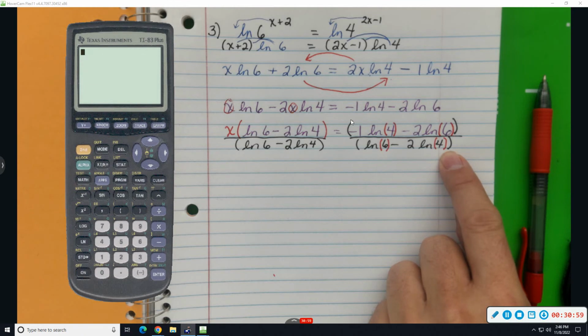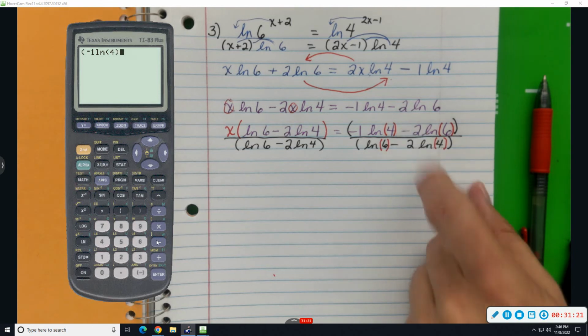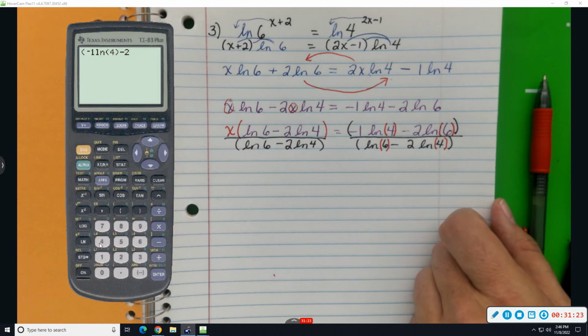So let me, because I'm punching all of that. Parentheses. That's a -1. So I put here, this is the negative key. That's the subtraction key. So -1 ln 4. The parenthesis I'm just now about to close is this one right here. Then a -2 ln 6.